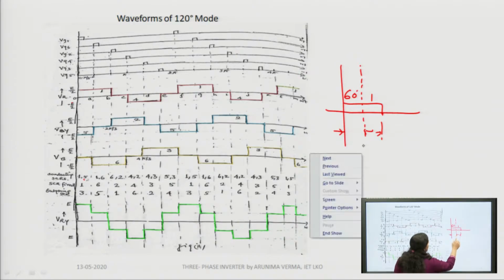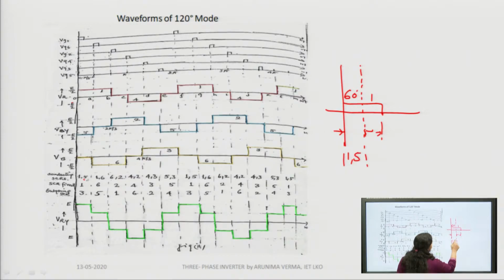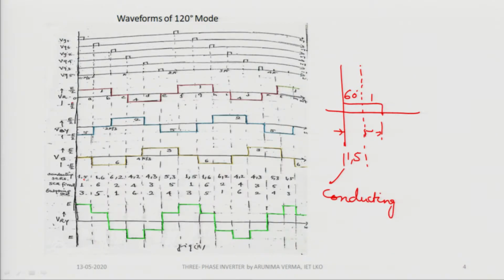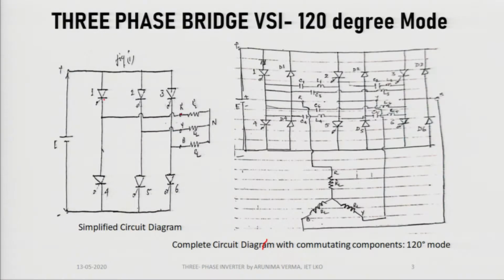During this period, SCRs 1 and 5 are conducting, right. Now, SCRs 1 and 5 are conducting, which means, come back to the circuit diagram, you will see that SCR1 is of R phase and the path of the current will be like this.